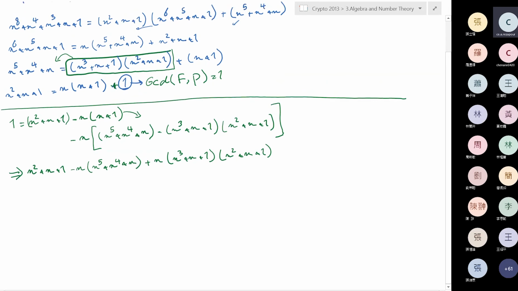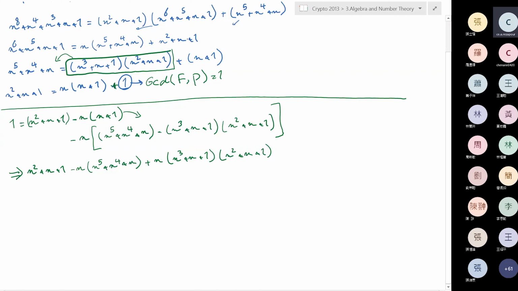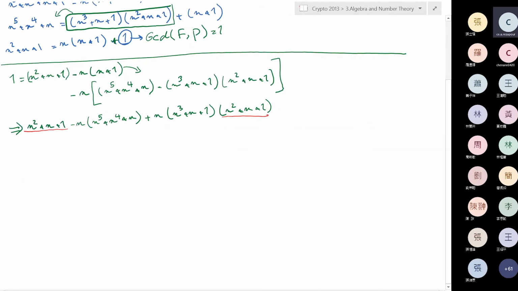Looking into the above equation, I have this remainder x2 plus x plus 1, so I can kind of rewrite the above equation to get this one. So looking into my equation, I see that I have this in both sides, right? Which suggests that I should use that one as a factor. If I do so, I can say that this equals minus x times x5 plus x4 plus x.